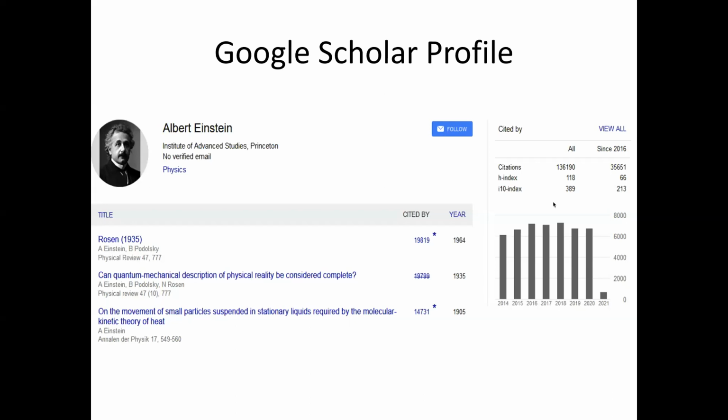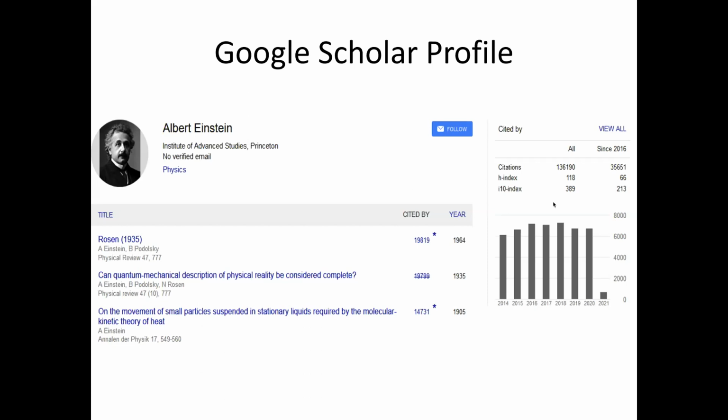It's confusing, but I hope that is clear. And Albert Einstein's I-10 index being 389 means that this is the number of publications that have received at least 10 citations. So the number of Albert Einstein's publications that have received a minimum of 10 citations is 389.